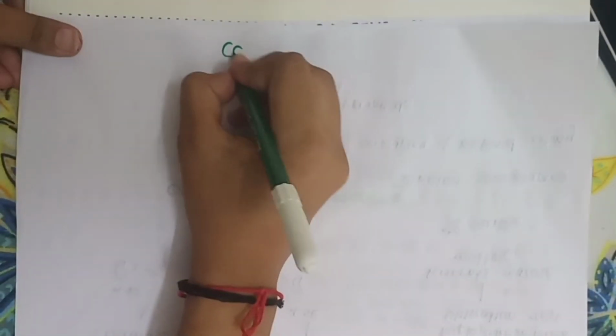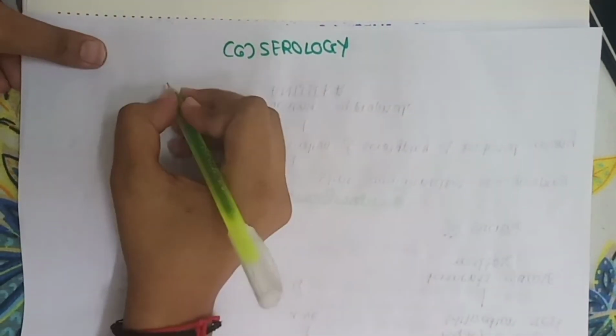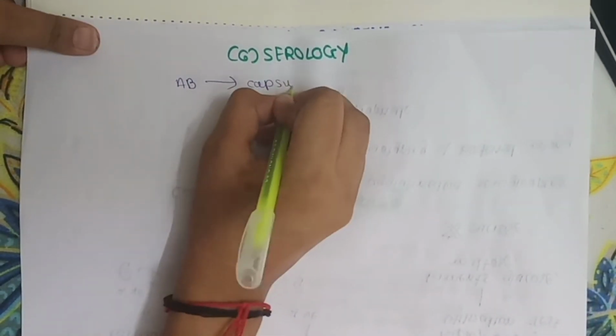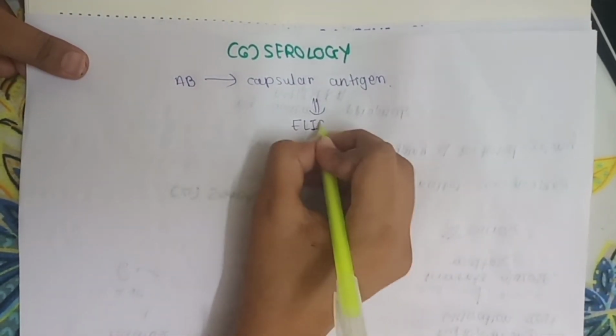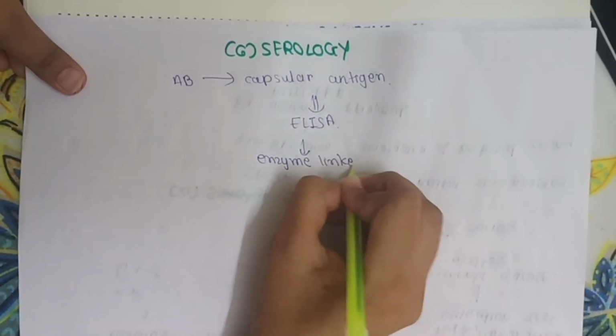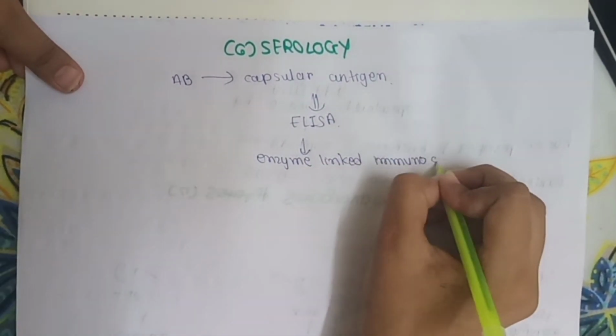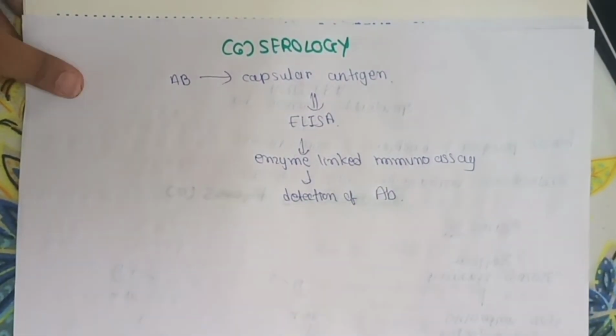Now the next method is serology. Serology of Neisseria meningitidis, of meningococcus. In this serology, we will detect the antibody against the capsular antigen by ELISA, enzyme-linked immunoassay, and we know that this ELISA is important for the detection of antibody.